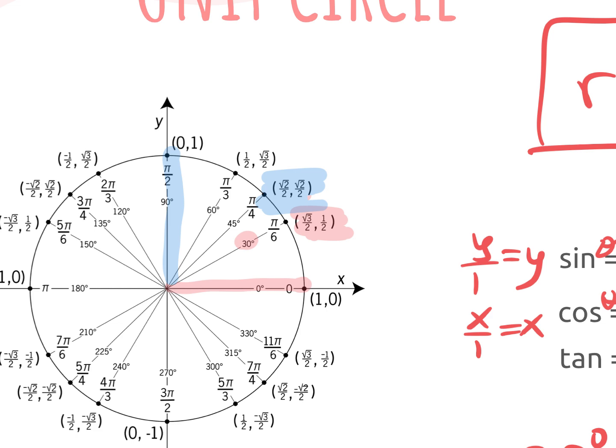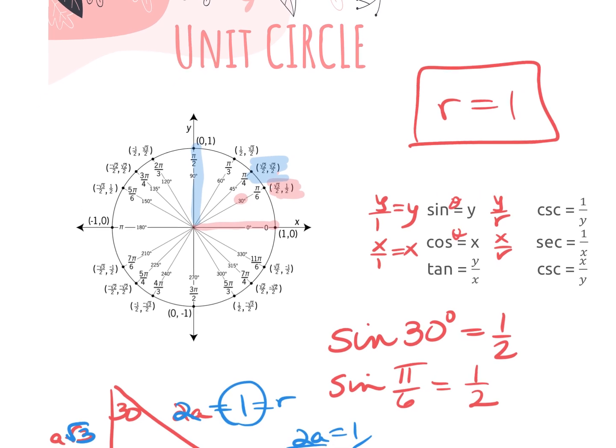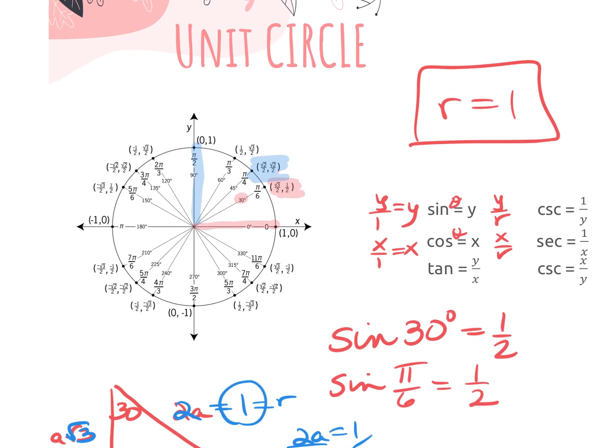So now, the only thing that you're going to have to work for is tangent and cotangent, because you have to divide the y by x. And you're going to get your y and your x from the ordered pairs on your unit circle.